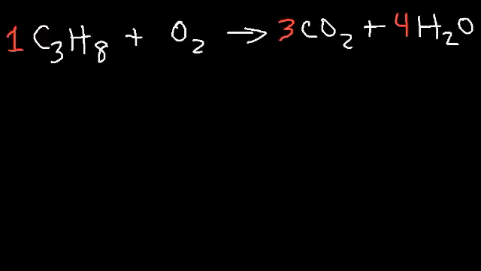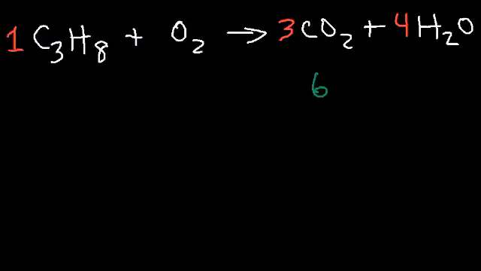Now let's move on to the oxygen atoms. What is the total number of oxygen atoms on the right side? Notice that we have 6 oxygen atoms in the 3 CO2 molecules. If you multiply 3 by 2, you're going to get 6. And we have 4 oxygen atoms in the 4 water molecules.